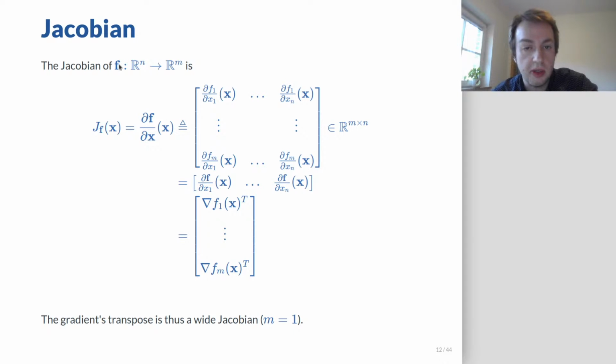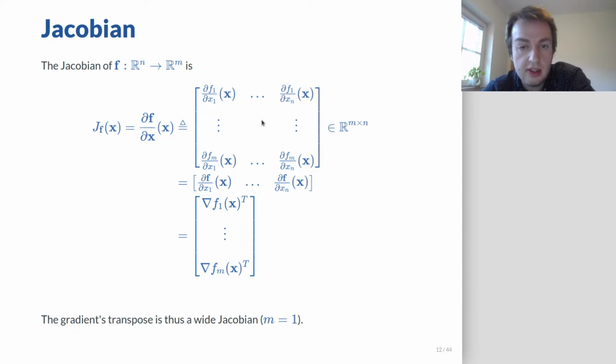What you obtain then is called the Jacobian, and that corresponds to a matrix in which you have m times n elements, so you have as many rows as you have outputs for the function, and as many columns as you have inputs, from 1 to n, to the function.